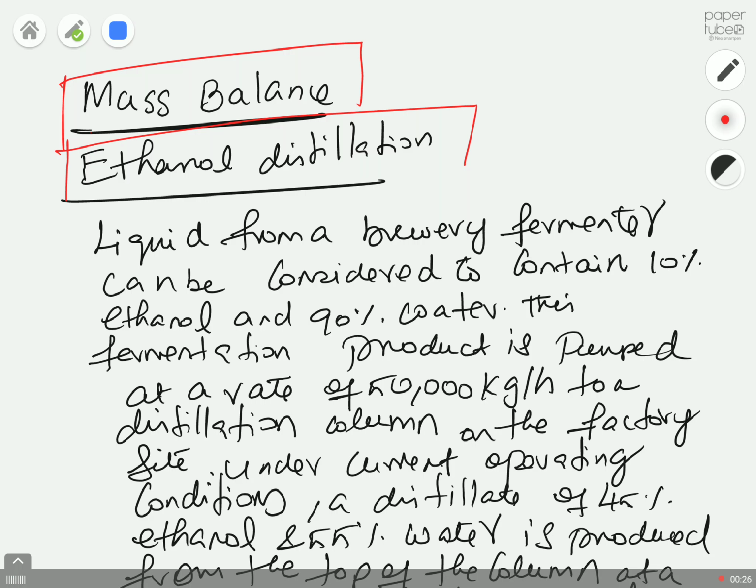These are a few things that you must remember whenever you perform a mass balance calculation. You have to remember the law of conservation of mass, which is that nobody can destroy mass. So mass is always conserved.